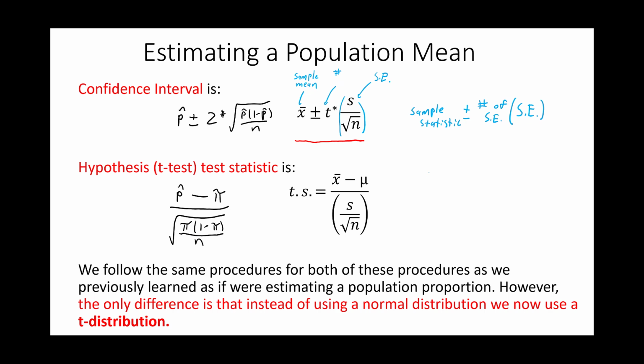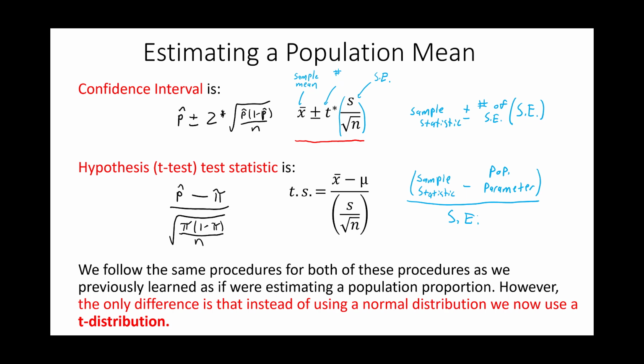So our hypothesis test formula takes a sample statistic minus a population parameter, and we look at that distance in terms of standard errors. So all of these formulas that we've been doing so far are essentially the same thing conceptually and at their foundation, but just slightly different formulas because we're estimating a different parameter.